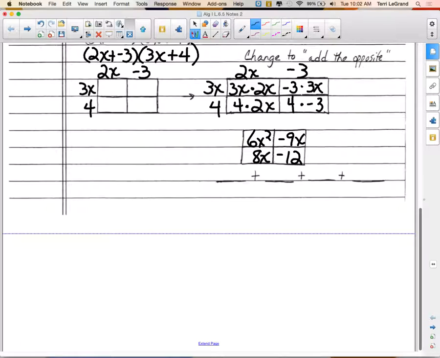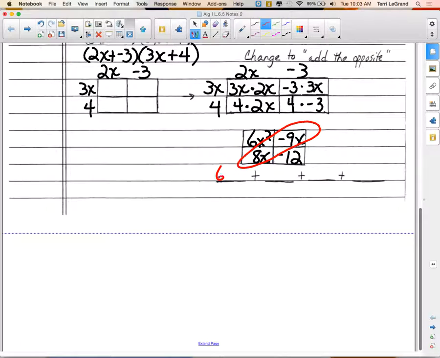Now, if the binomials, the length and the width, were written in standard form, with all the terms going from greatest degree to least degree, what should typically happen is that any like terms will line up on a diagonal.